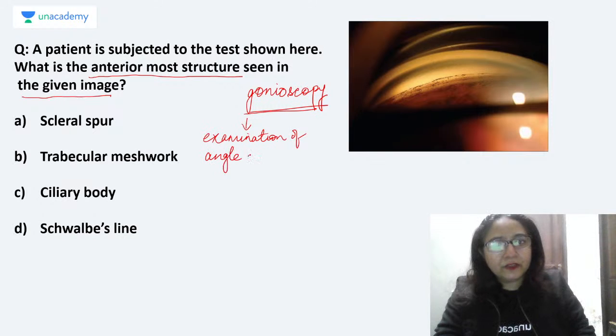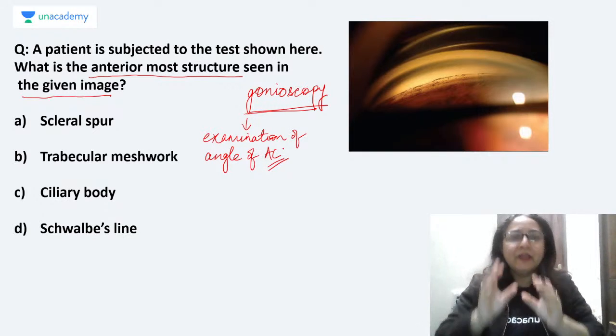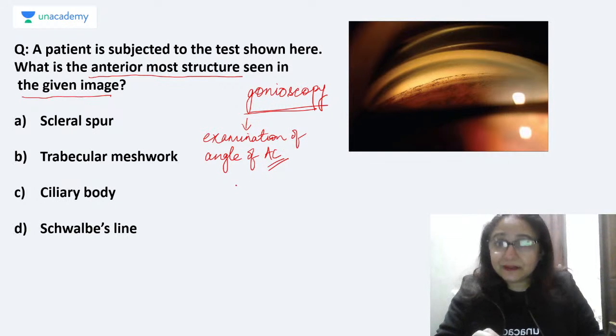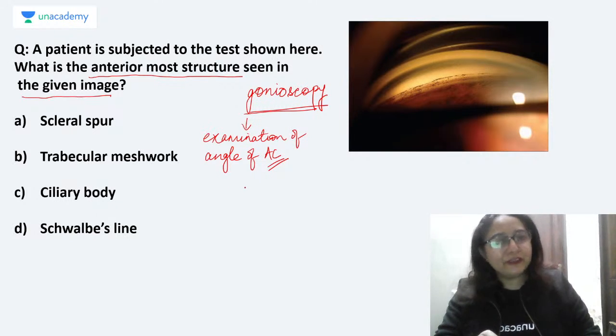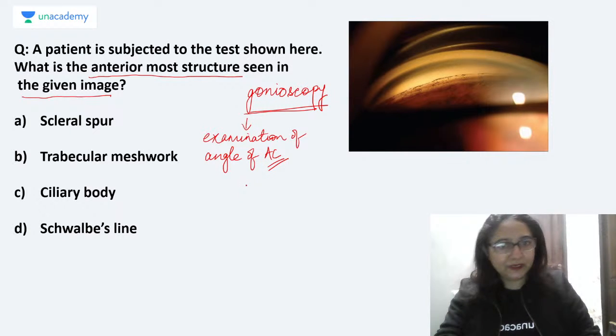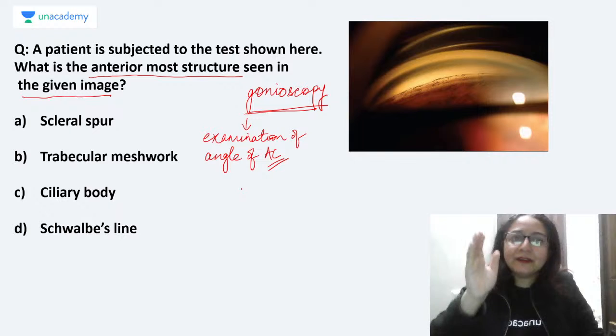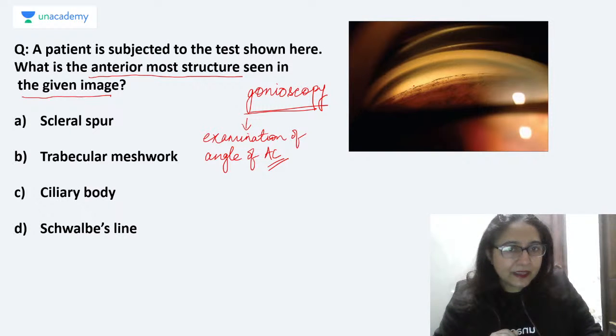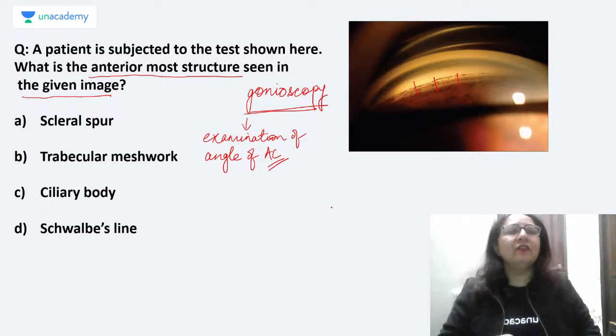You know, the angle of the anterior chamber cannot be seen directly. We have to use what we call gonioscopic lenses to examine the angle of the anterior chamber. When we examine the angle, it contains different structures, and this is what we are seeing here. This whole thing we are seeing over here is the angle of the anterior chamber.